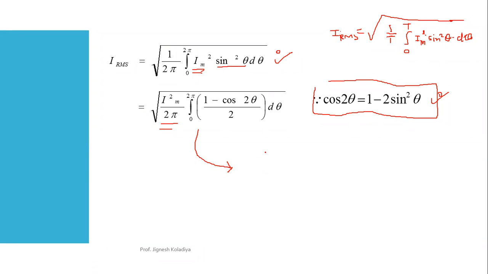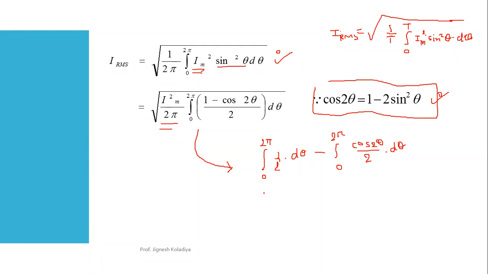We have two terms: integration 0 to 2 pi of 1 by 2 into d theta, minus integration 0 to 2 pi of cos 2 theta upon 2 into d theta. 1 by 2 is constant and integration of d theta is what? Theta.